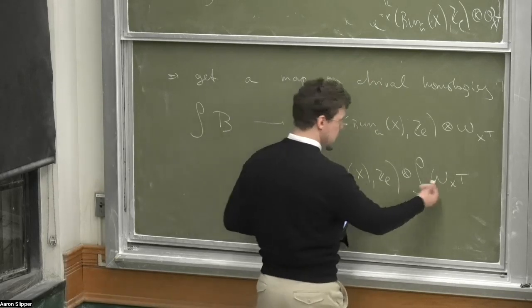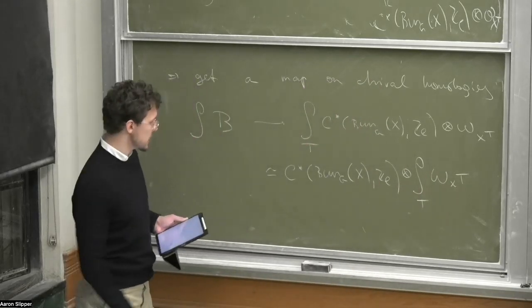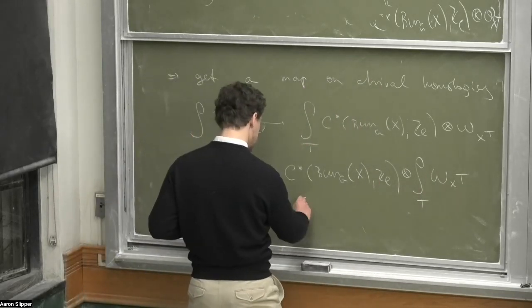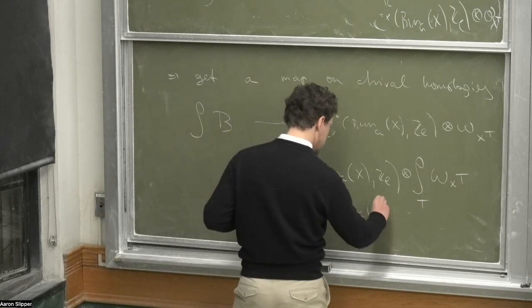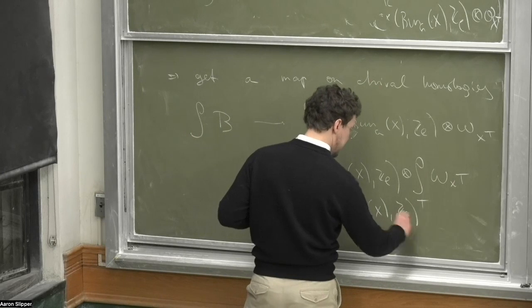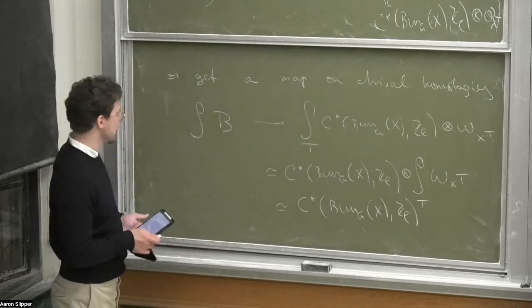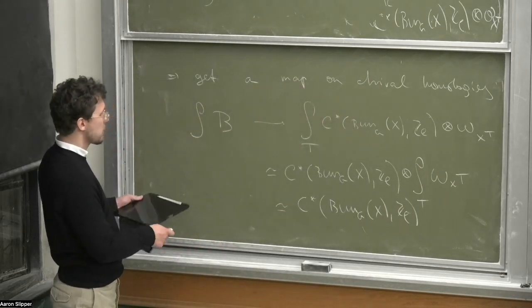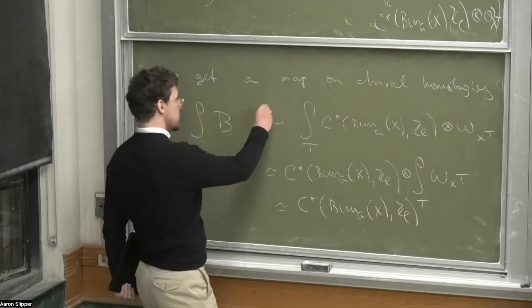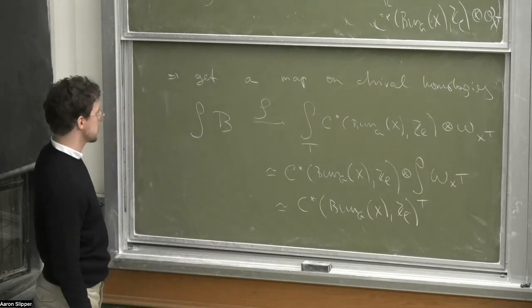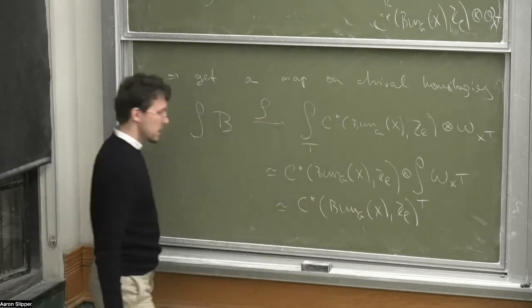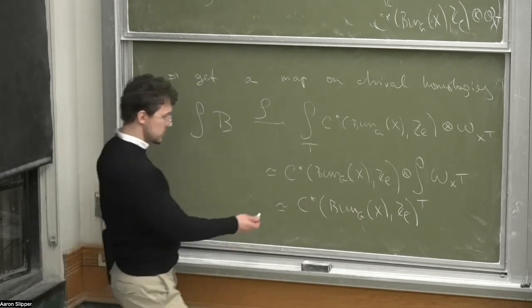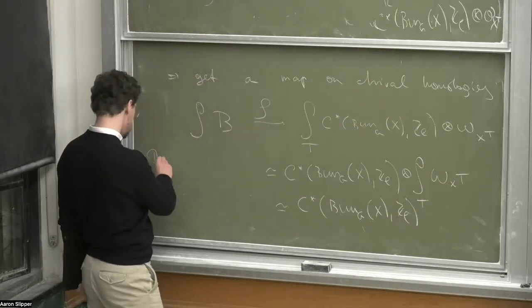And what we will have left is this thing, but as I explained by Behrend's theorem, this is just 0. Okay, so it's a map from the chiral homology to the cohomology of BunG.